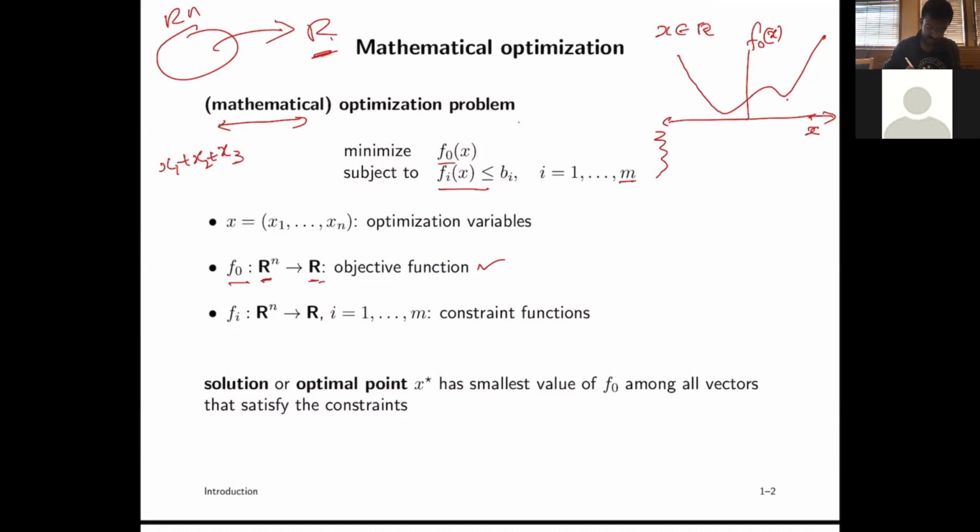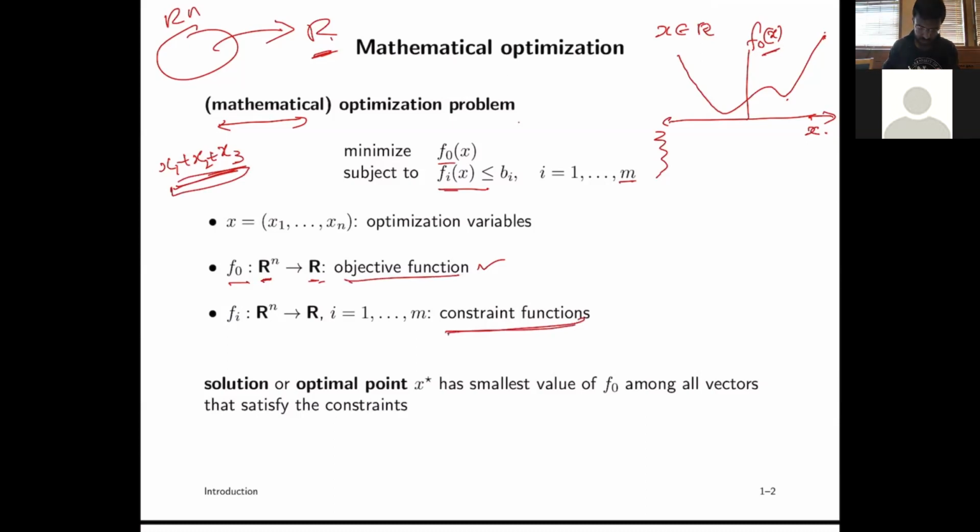So this is always like, for example, as I said, something like this. Here x is one-dimensional and your function is f0(x). Then the second function here is a constraint function. So this is called the objective function and this is a constraint function.